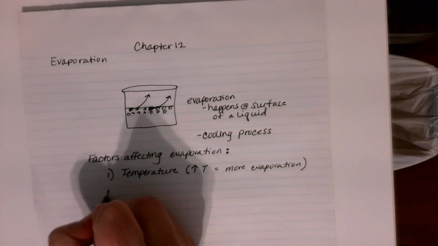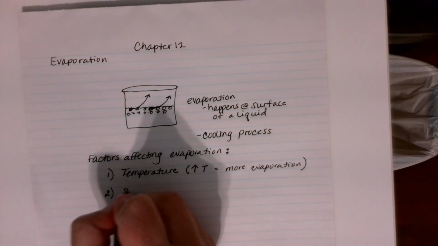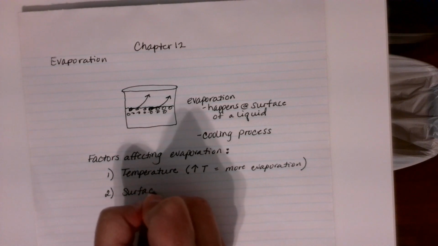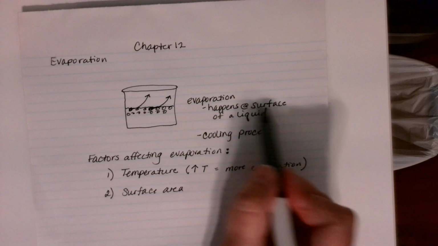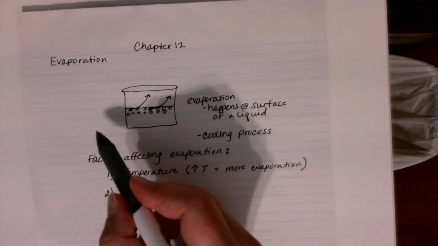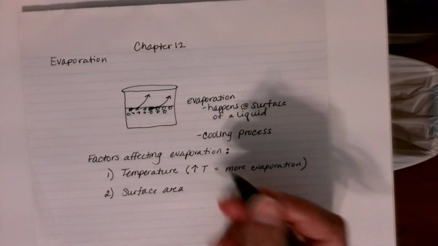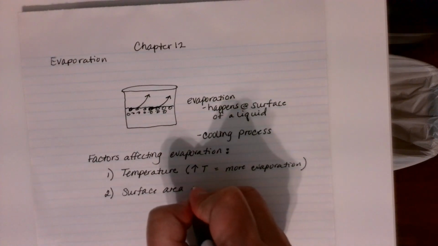Okay, the second factor is going to be surface area. Because this evaporation is happening at the surface of the liquid, if we have a larger surface, then we should have more evaporation.